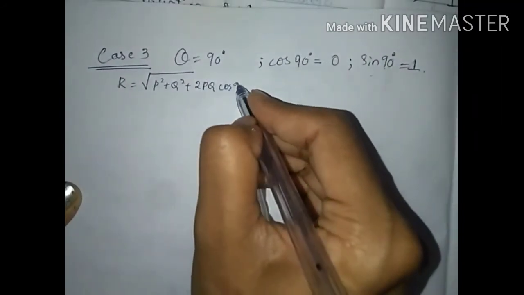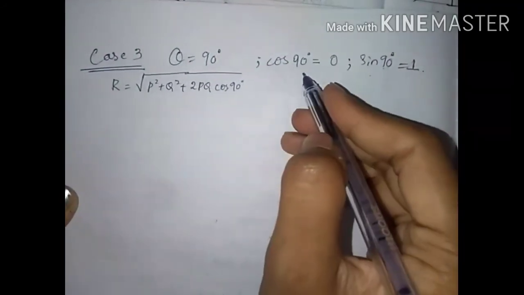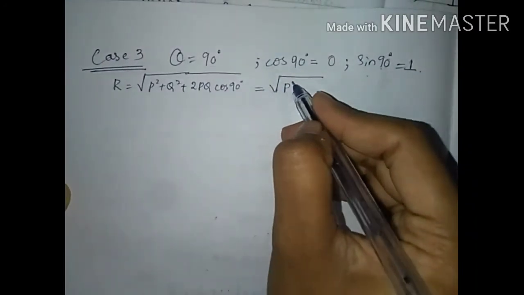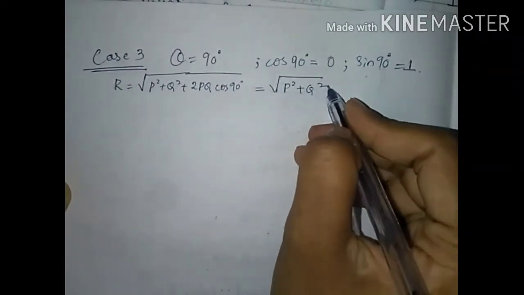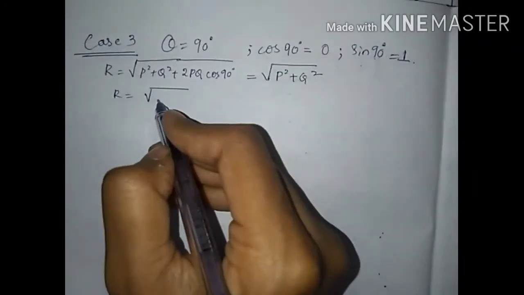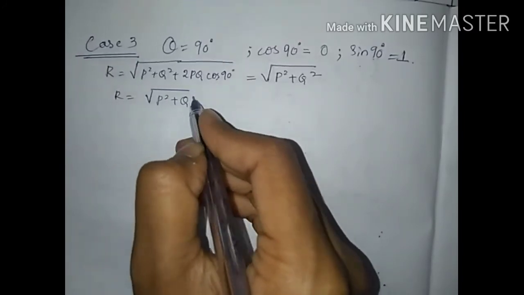Cos 90 is 0, so you have P square plus Q square. So R is equal to root of P square plus Q square.